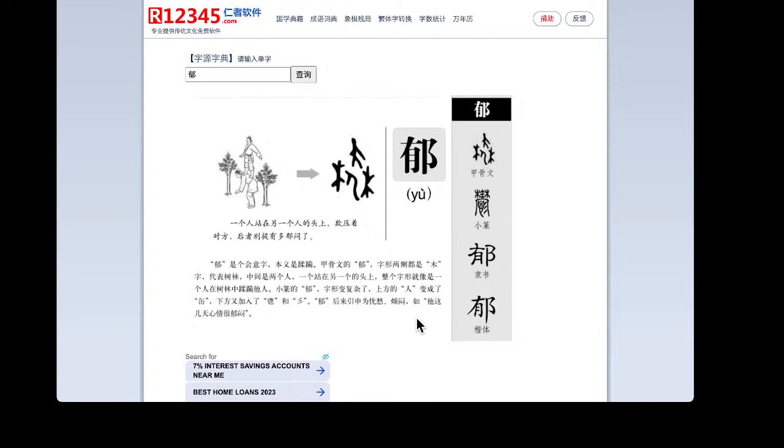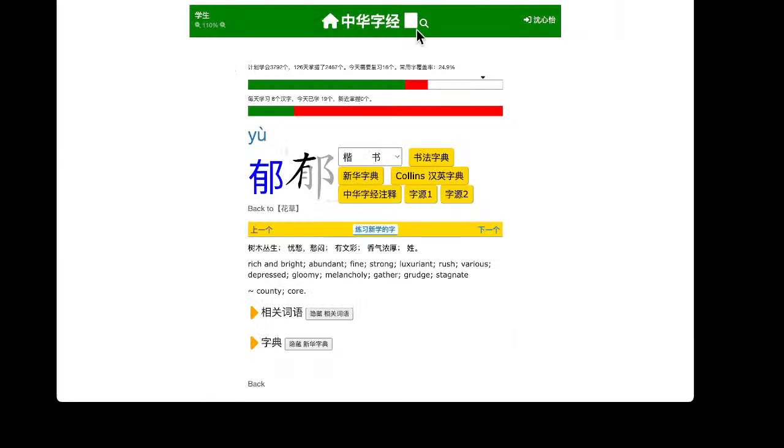It's literally a picture of that to express the meaning of depression, to get stuck and stagnated, couldn't get away, that kind of meaning. So that's 郁. Later on, they changed it a little bit. Anyway, that's 郁.